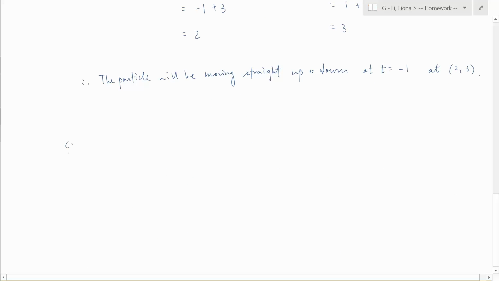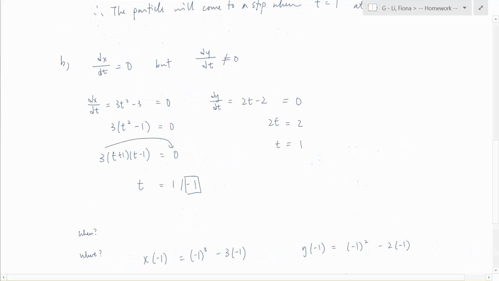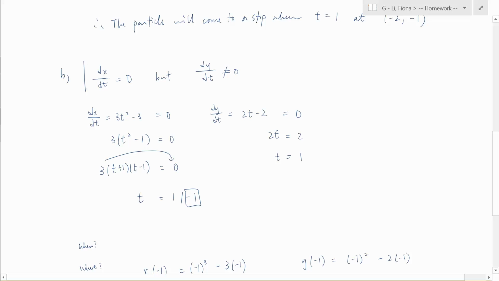Alright, last part of the question. So we're asked, is the particle ever moving straight horizontally right or left? If so, where and when? Alright, so it is just the vice versa version of this theory right here.